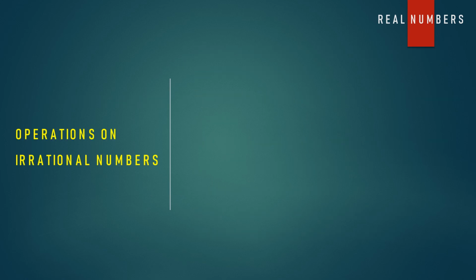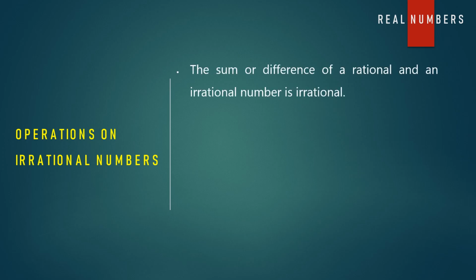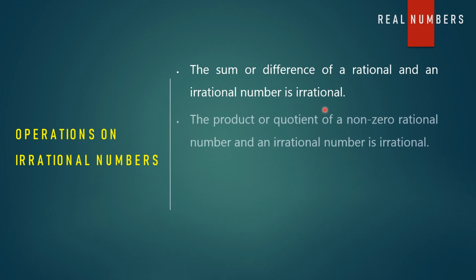Let's talk about operations on irrational numbers. The sum or difference of a rational number and an irrational number is irrational. The product or quotient of a non-zero rational number and an irrational number is irrational. Remember this simply.